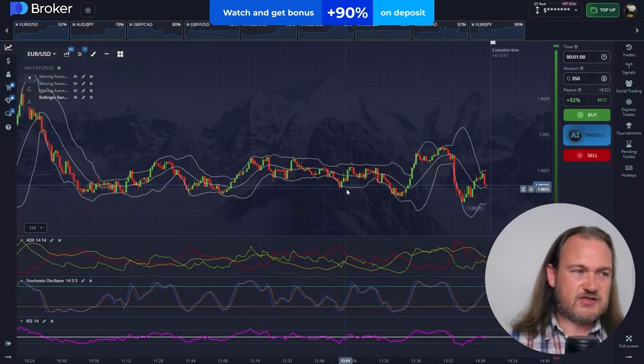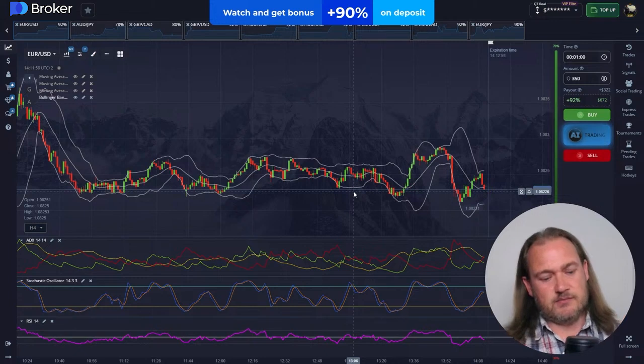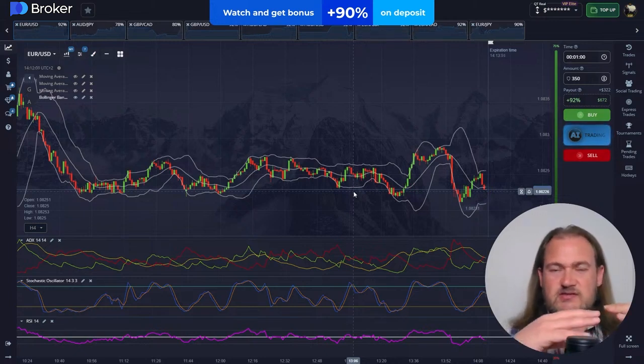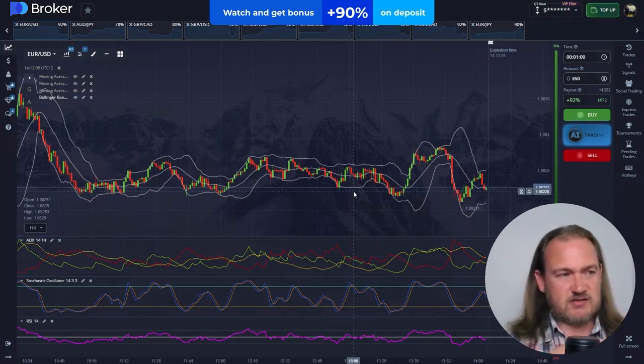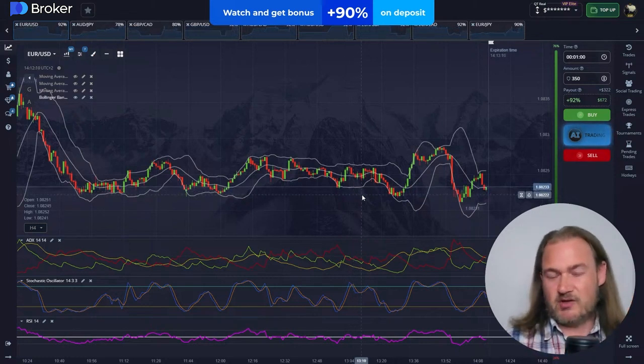It's a popular strategy, but it does also require some kind of filter just to confirm that you are making the right decision. Bollinger Bands cannot really be used on their own by themselves.